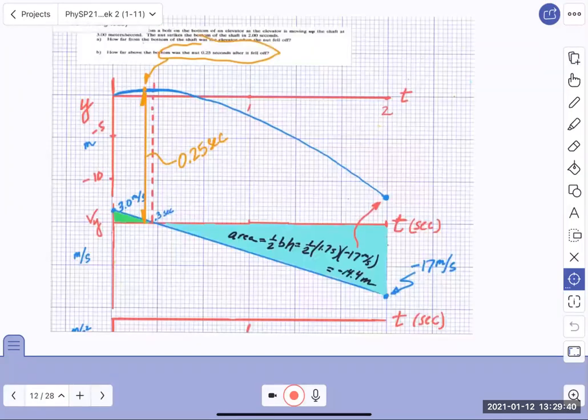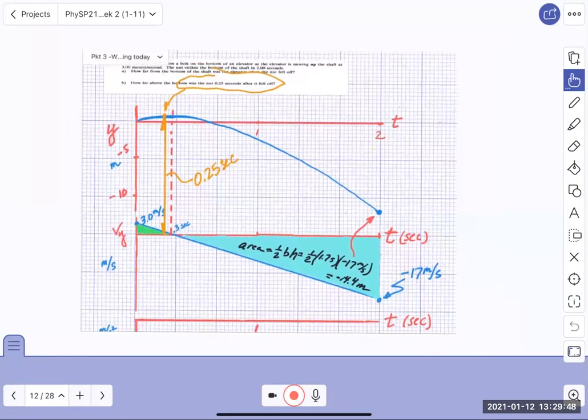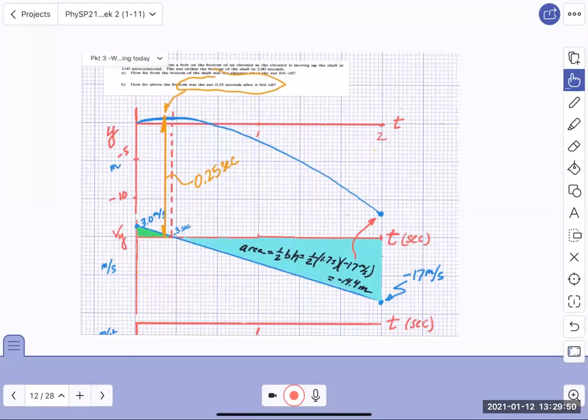Homework. I pulled this chestnut up from a couple of years ago. This was the nut that fell off the elevator. And I think a couple of years ago, a kid asked, well, how do you know, like in that quarter second after it falls? This was your homework. This was number 3.